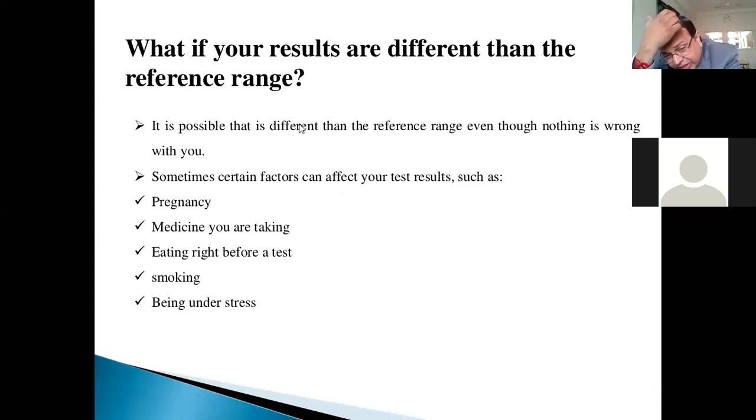Your reading may vary from the normal ranges. So if you are not having any symptoms and you have some difference in a result, then you must go for another test, because these factors may affect your result.